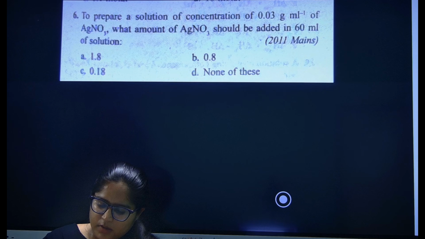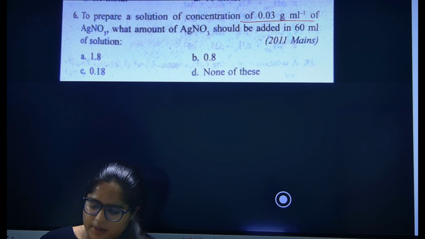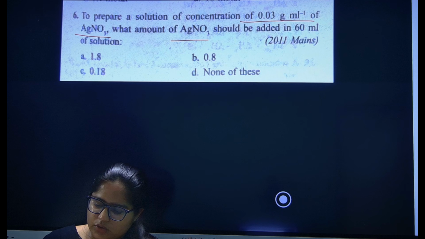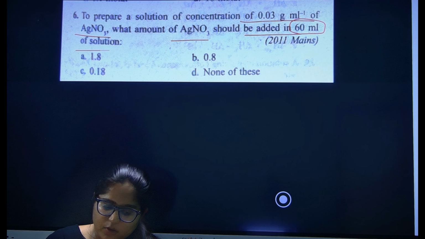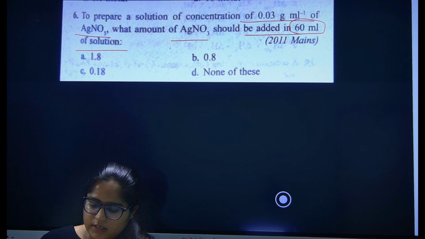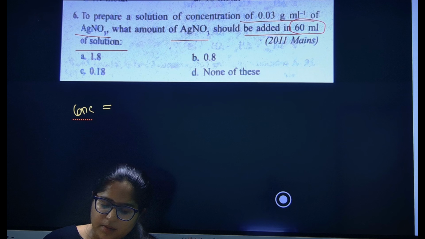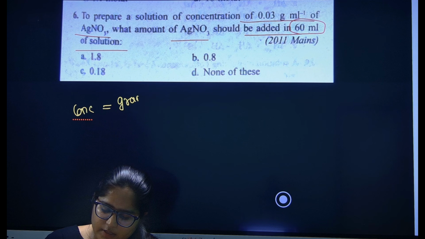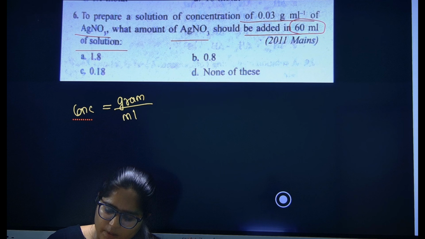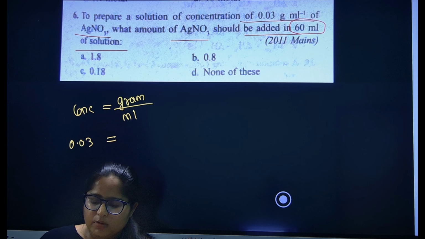Next, to prepare a solution of concentration 0.03 gram per ml of AgNO3, what amount of AgNO3 should be added in 60 ml of solution? They have given the concentration 0.03, so I am writing whatever is given. The concentration here is given in gram per ml. The volume is given as 60 ml.